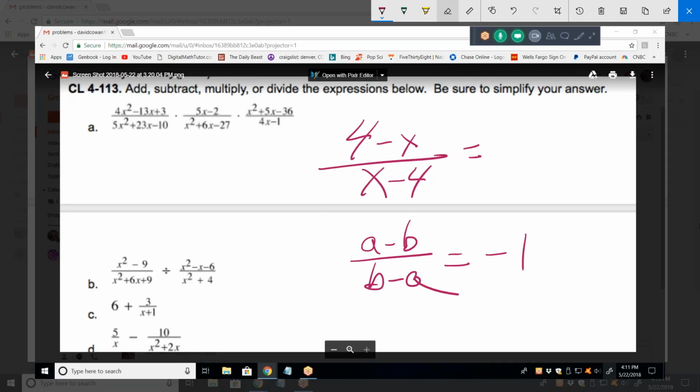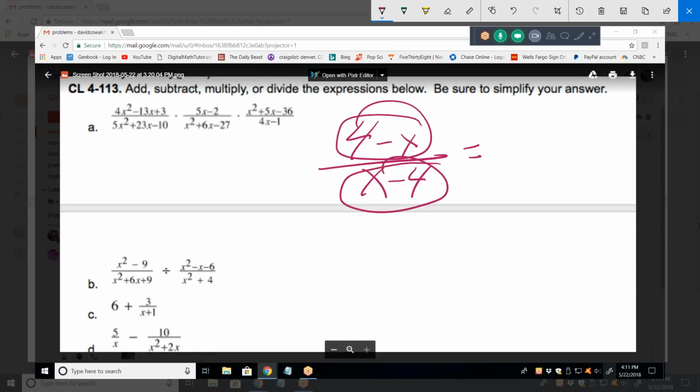And the only reason I mention it is because this is the only thing where you can cancel and replace it without them being identical. In other words, 4 minus x is not the same as x minus 4. But I can still turn that into a -1, which is a simplification. So far, every single thing we've seen, you were only able to cancel stuff that was identical. Okay.